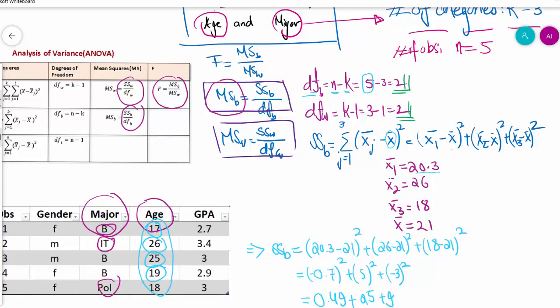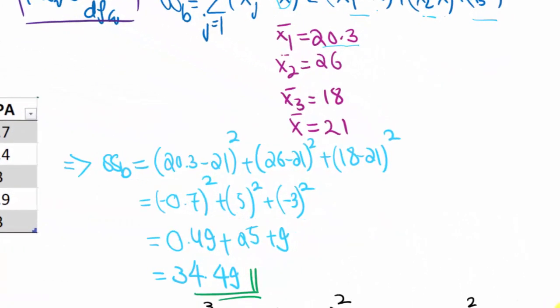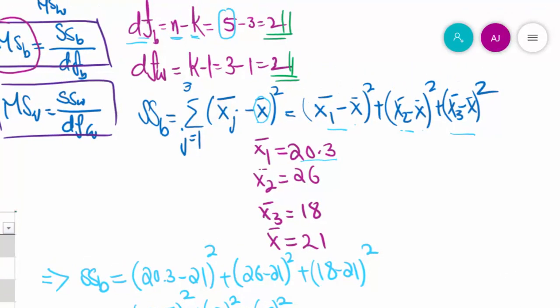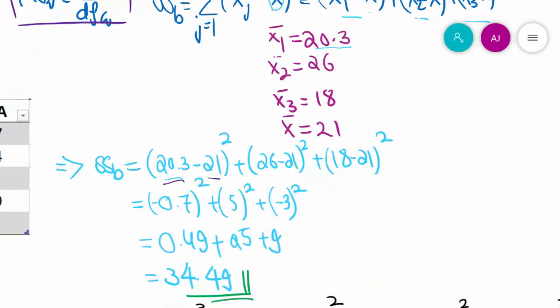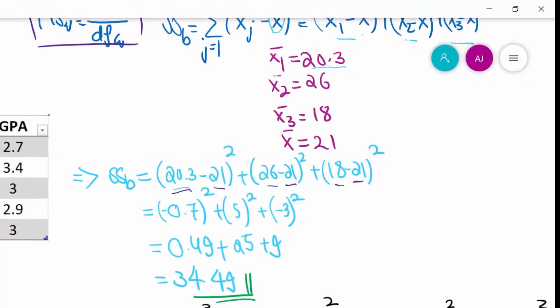The average age of political science students, since we have only one, is 18. And the grand average is the average of all observations in the age. We get that the sum of squares between is 20.3 minus 21 squared, 26 minus 21 squared, 18 minus 21 squared. A little bit of calculation and I get 34.49 for the sum of squares between.